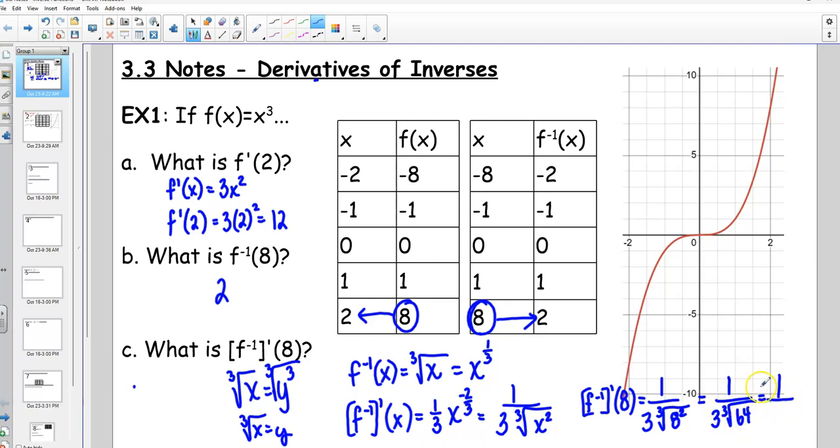What is the cube root of 64? 4. So we got 3 times 4, which is 1/12.